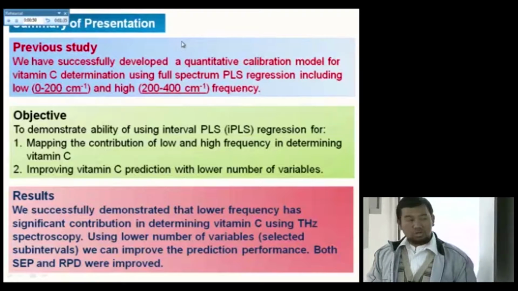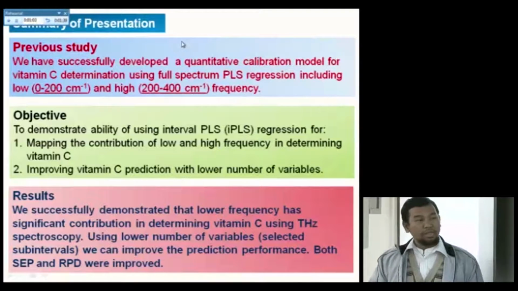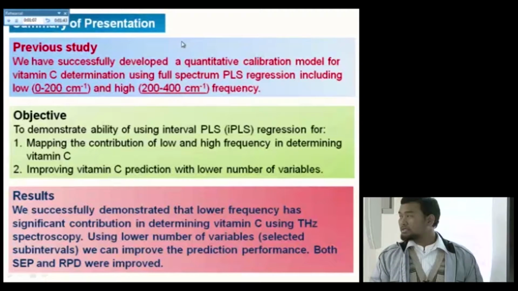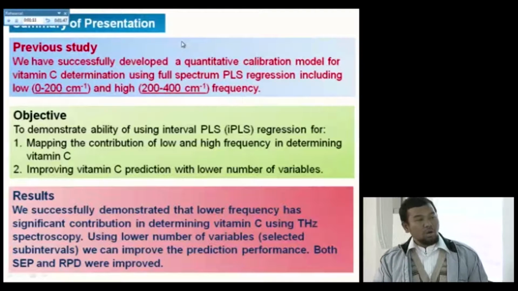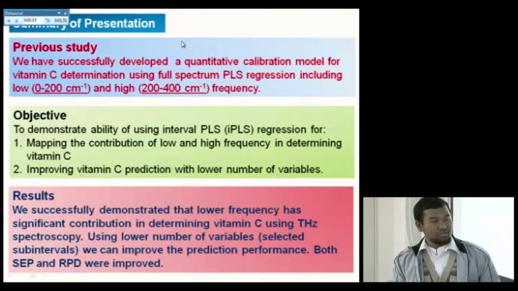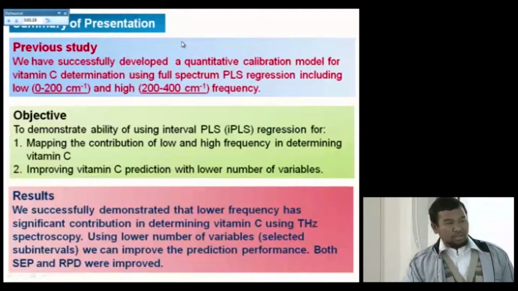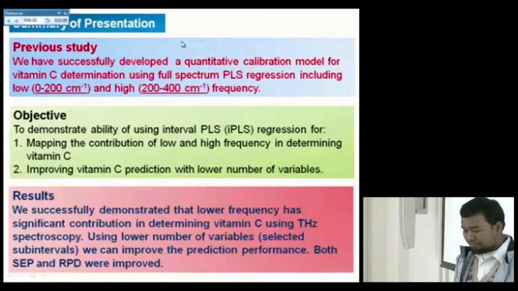The result was very good, because we successfully demonstrated that lower frequency has a significant contribution in determining vitamin C using terahertz spectroscopy. And using a lower number of variables, only the selected subinterval, we can improve the prediction performance. Both SEP and RPD values were improved.